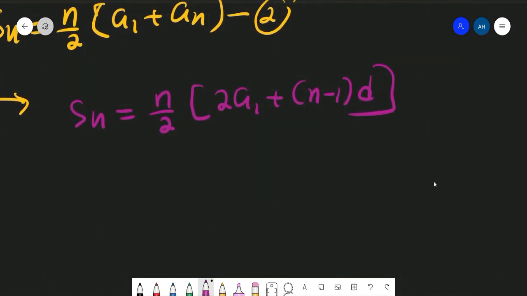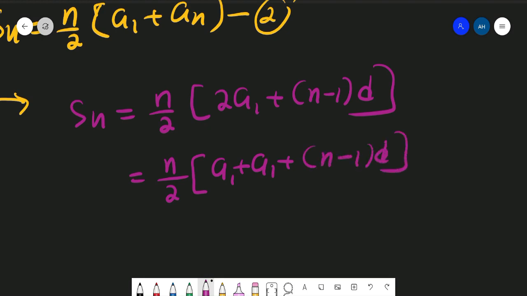Now let's break down the terms in the bracket. That is equal to n over 2, and in the bracket here we have 2a1 meaning a1 plus a1 plus n minus 1 multiplied by d. What I did was, instead of writing 2a1, I wrote it as a1 plus a1. They are the same thing.